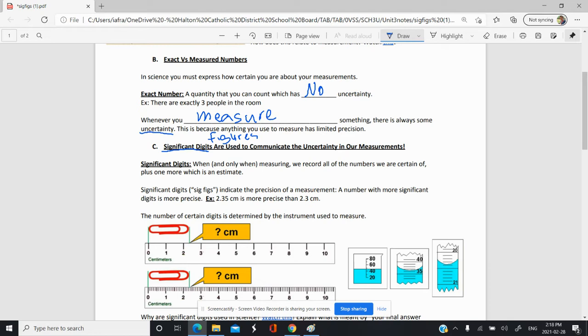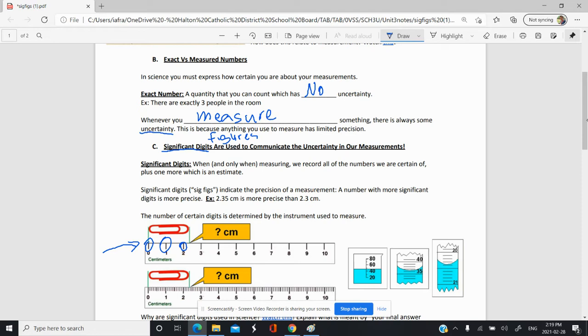So, for example, let's say I was looking at this ruler over here. Here we have, if I measure, this is 0, 1, 2. I'm pretty certain, so up until this point here, 2, I'm very certain. But then once I get to this point over here, it could be 2.2, could be 2.3.